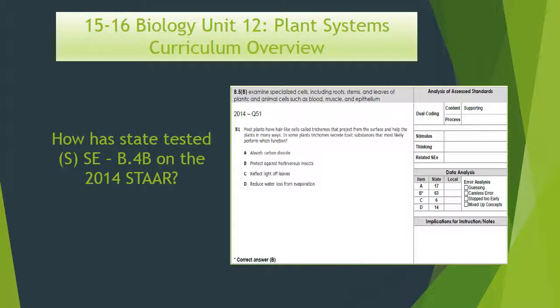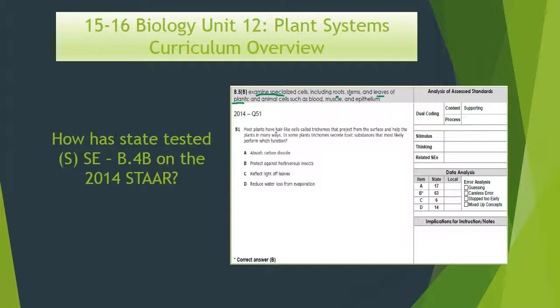Okay, looking at B4B, a question from 2014, we can see that the examined specialized cells, including roots, stems, and leaves of plants, are our focus for this unit. And in this question, it is assessing plant cells, not animal cells.